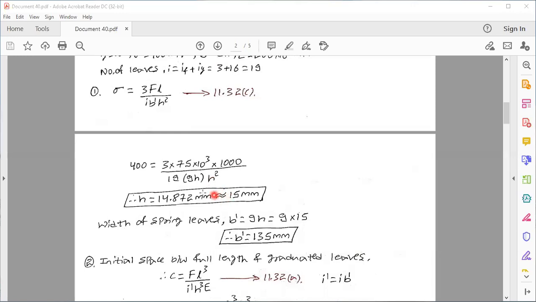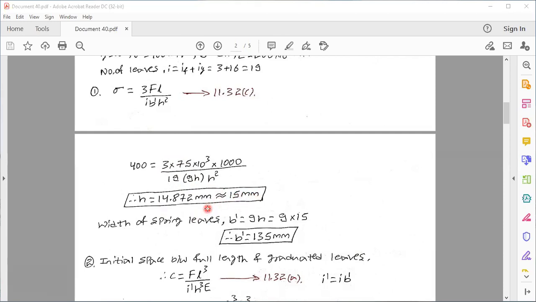Already you have substituted all the values. And solving this equation, you are going to get the value of h. H is equal to 14.872 mm. Round it off the thickness to 15 mm.